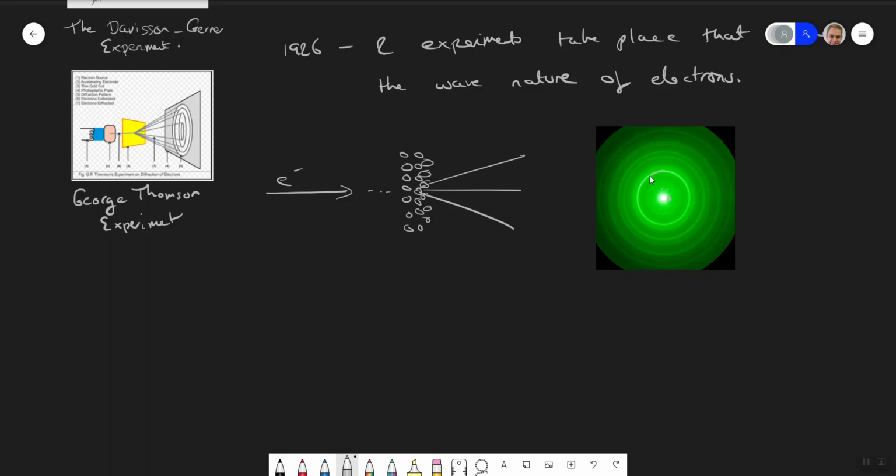Some are very much brighter, but this is something that is not explicable if you think of electrons solely as particles. In order to do this, you've got to have electrons behaving at points like waves. And so this is it in action. This is electron.